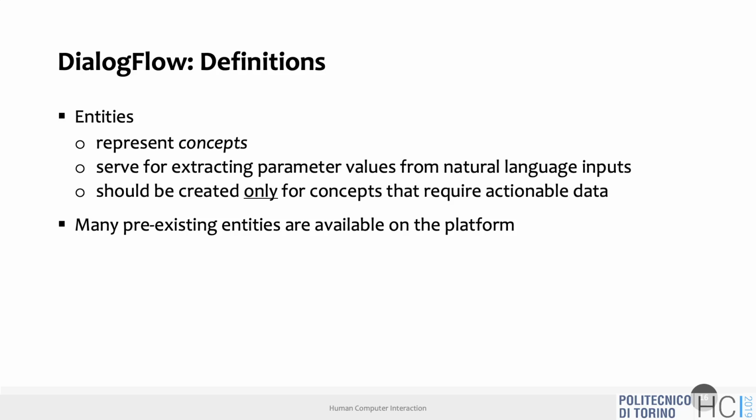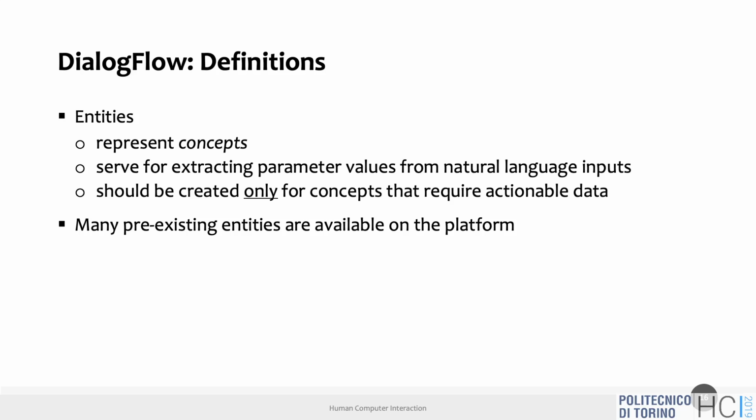Entities represent concepts: what a city is, what a first name is, what a color is, what is allowed to be a city. So Turin is a city. New York is a city. Politecnico is not a city. So it's not allowed, there is no match between those.